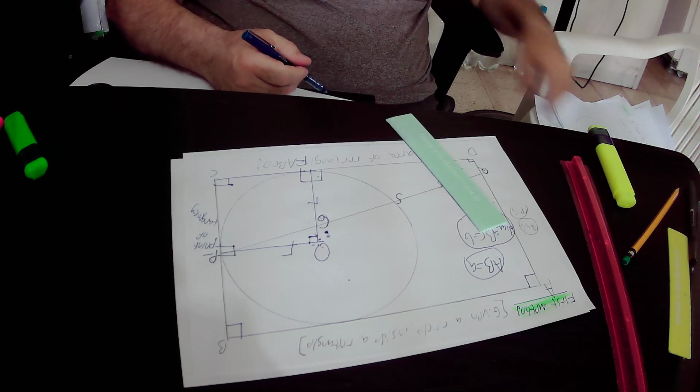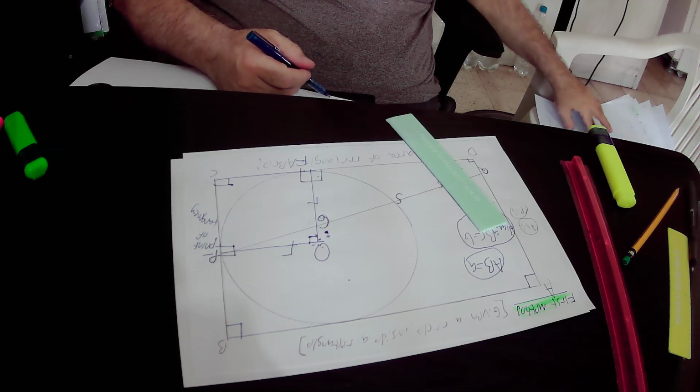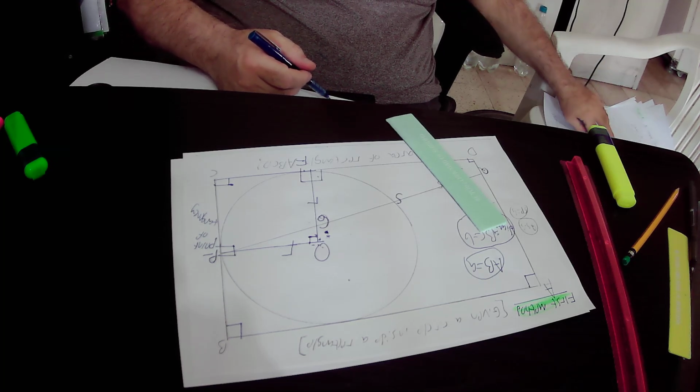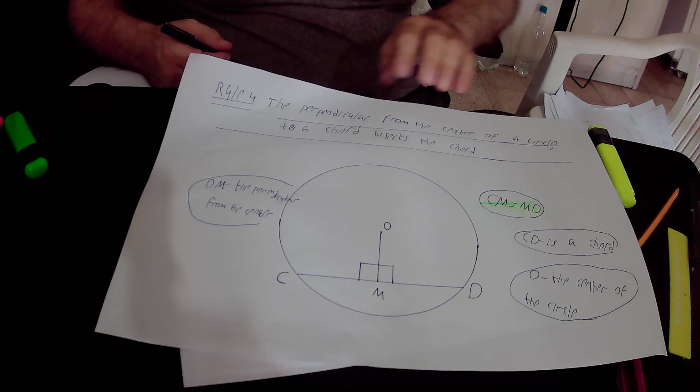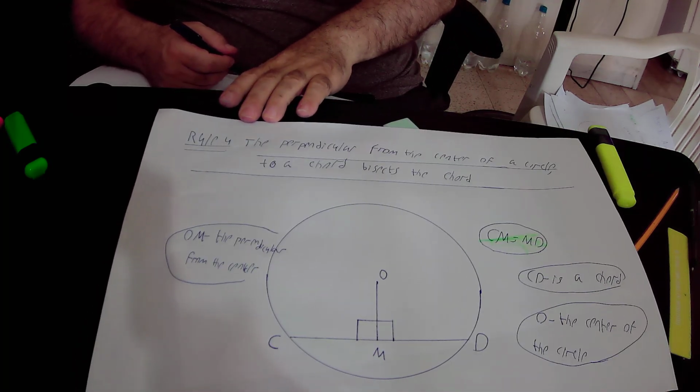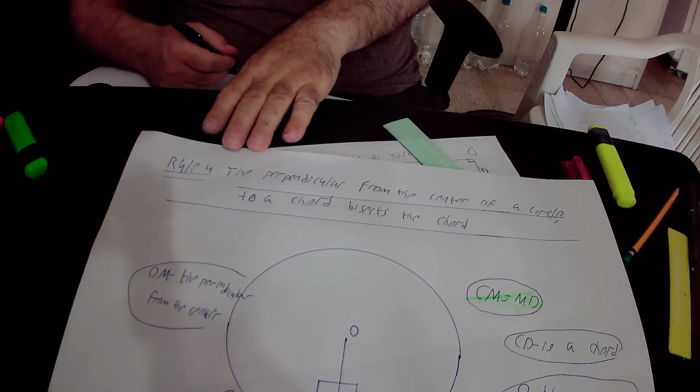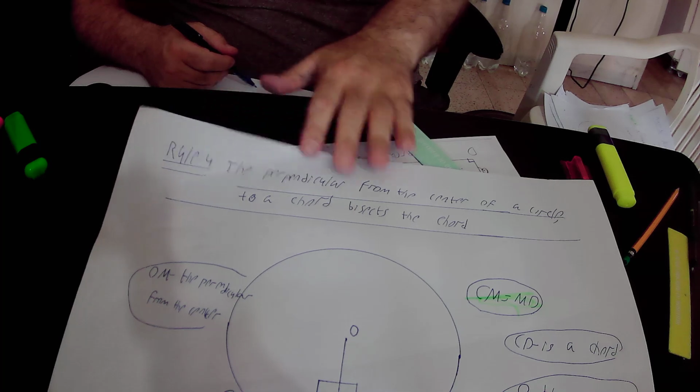And here also we have rule number 4. According to rule number 4, the perpendicular from the center of the circle to a chord bisects the chord.